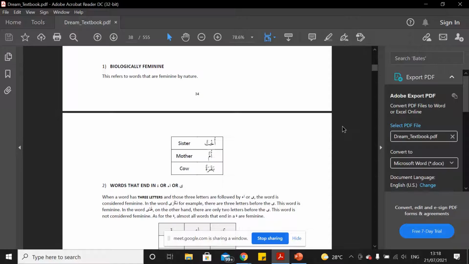So even in animals, even in anything which is a living being and created into masculine and feminine genders, they are all biological feminine. They are considered feminine in grammar.